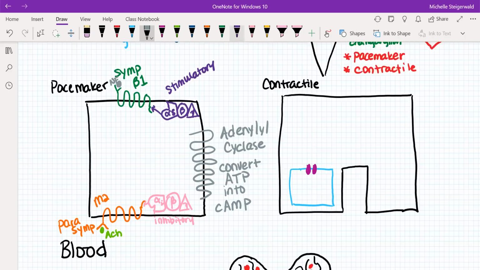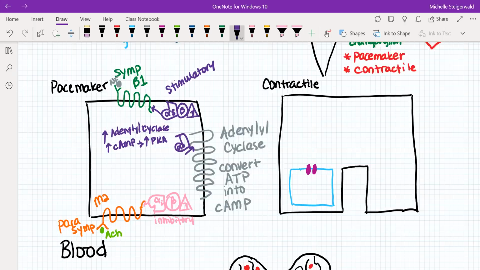So if this G alpha S comes over here and binds, this is going to cause an increase in adenylyl cyclase activity. Okay, so if you increase adenylyl cyclase, that means that you're going to be able to make more cAMP, which leads to more PKA.